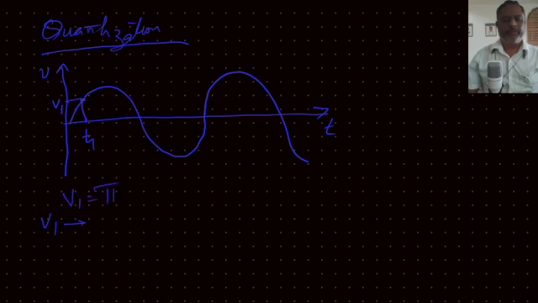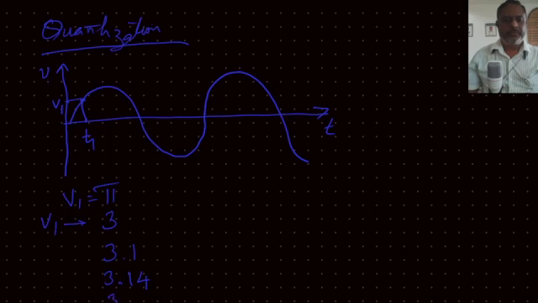Say if v1 was equal to pi, where pi is a standard constant we are talking about. Then it depends on people's requirement what the value of pi can be. For someone who is just happy with integers, 3 can be okay, but for some others 3.1 may be okay, for others 3.14 may be okay.